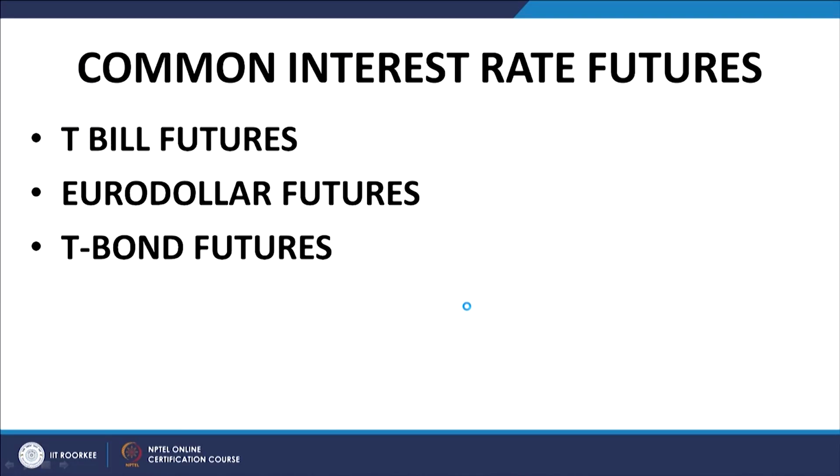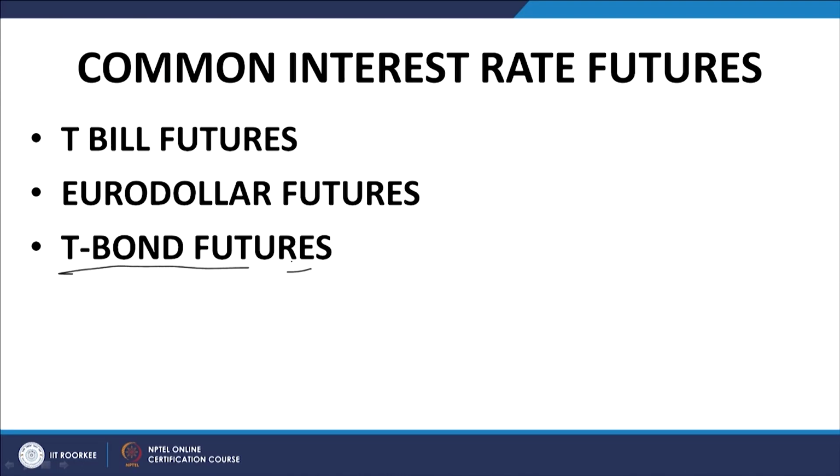There are innumerable interest rate futures trading across the world, but the ones that we are going to talk about in this set of lectures are the treasury bill futures, the eurodollar futures, on which I will give a brief touch up, and then we will also talk about the T-bond futures. These have long term treasury bonds as the underlying instruments.